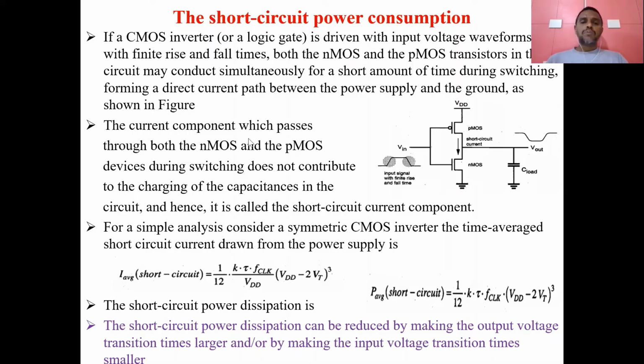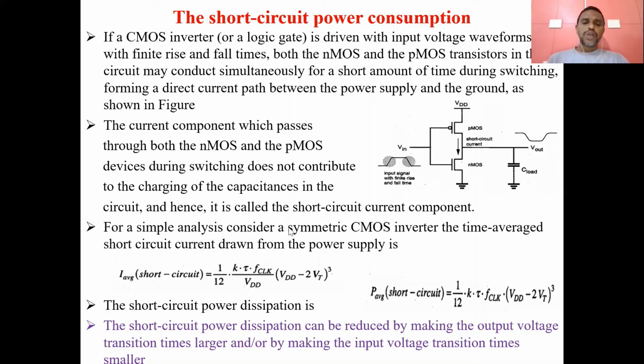Okay, the current component which passes through both the NMOS and PMOS devices during switching does not contribute to the charging of the capacitance. Instead of charging the capacitance, the current establishes a direct path between this VDD and ground. Okay, so that is called the short circuit current component.